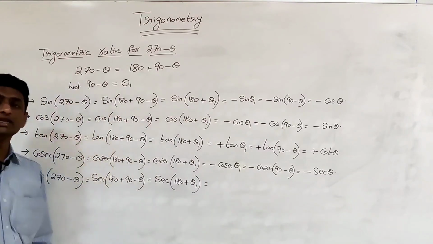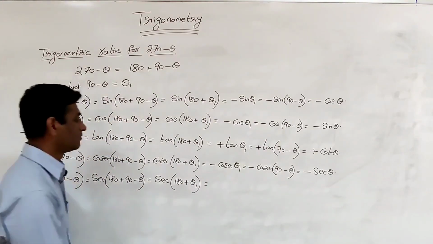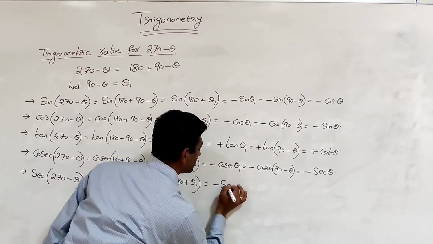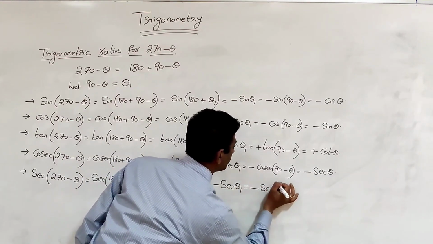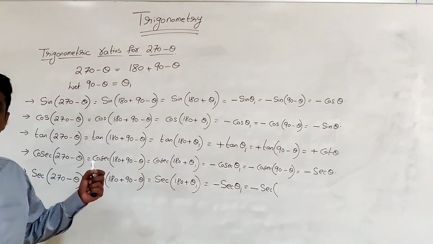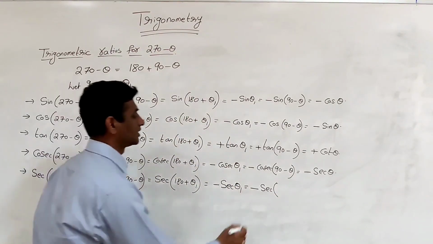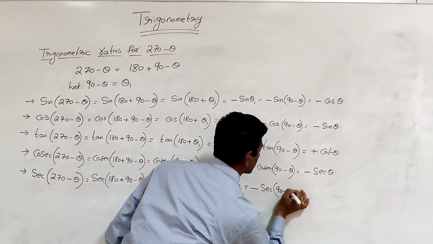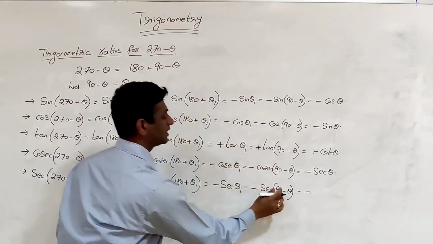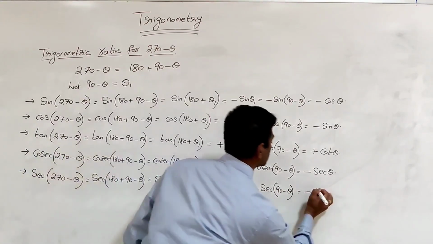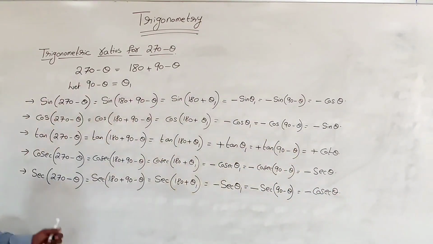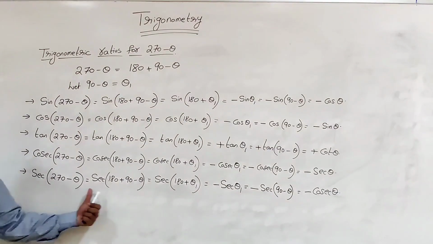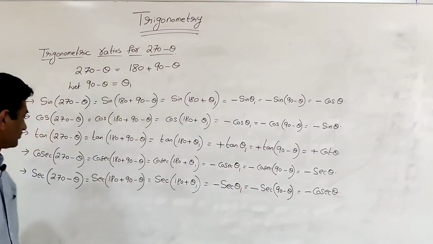So secant of 180 plus theta 1 will be minus secant theta 1, and theta 1 is replaced with our original angle, 90 minus theta. So minus secant of 90 minus theta gives minus cosecant theta. So secant of 270 minus theta is minus cosecant theta.